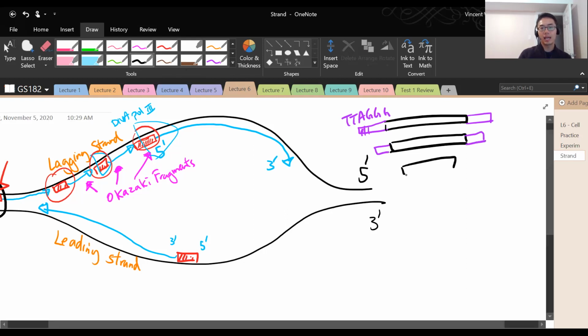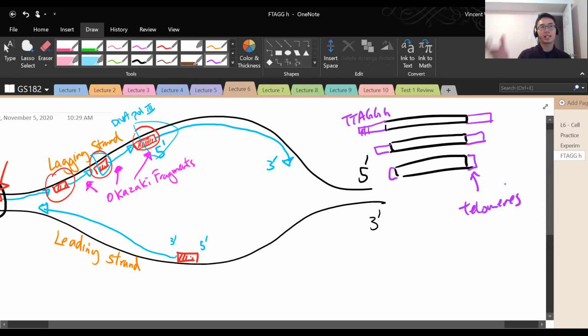Okay, so if you divide again, oh my goodness, if you divide again, you will get shorter and shorter telomeres. Okay, so after many divisions, depending on the cell type, like maybe 30 times or 40 times, the telomeres are going to be critically short.